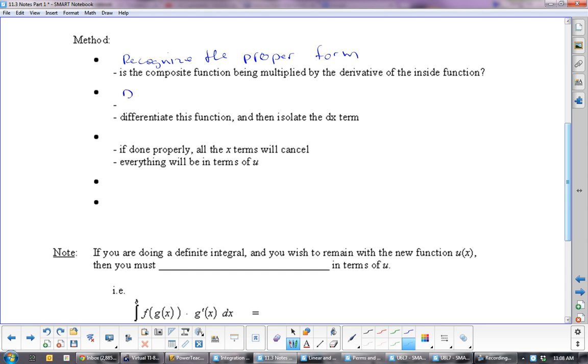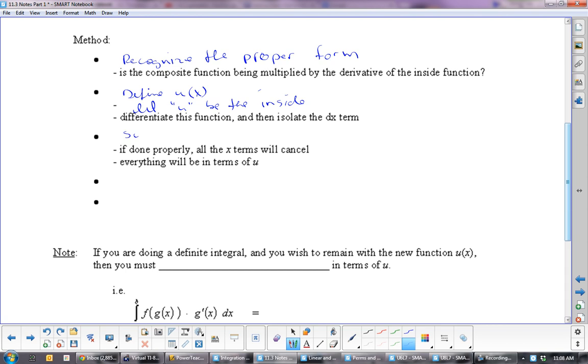We want to define u of x. In other words, let u be the inside. You know how we've always been dividing by the derivative of the inside? That inside I'm talking about. Then differentiate this function, and isolate the dx term.